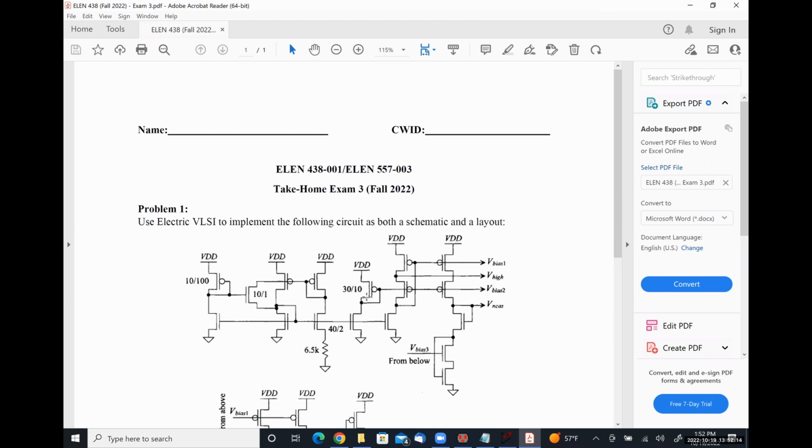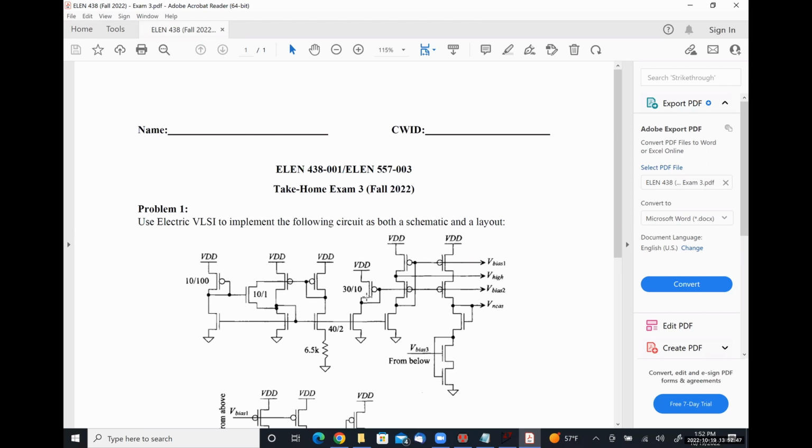So it has a width of 30 because for the table that's used in the textbook for this, the mobility of holes is 3 times smaller than the mobility of electrons. So the NMOS transistors were made 3 times wider to accommodate for that. The length is 10 because for a wide swing current mirror, we need that extra transistor to have a length of at least 4 times as long.